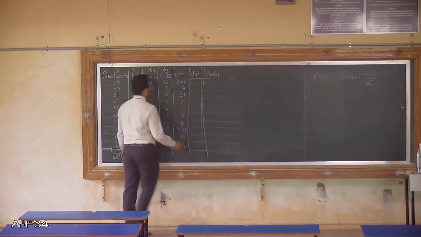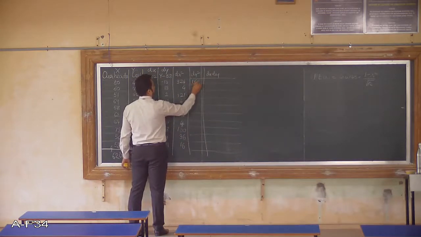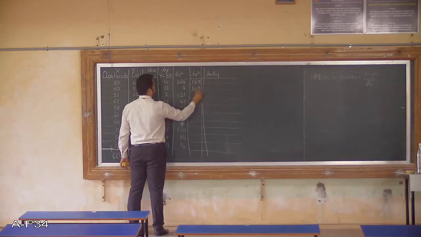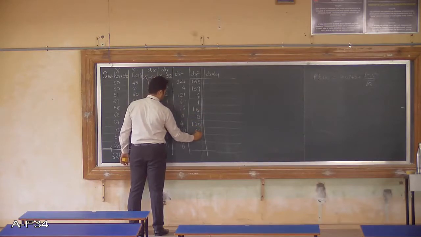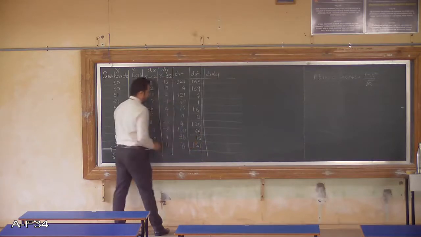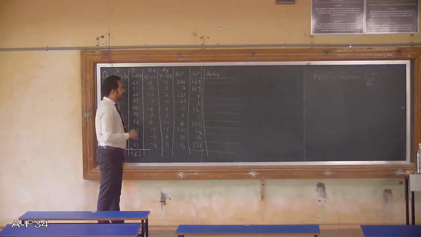So dx square is ready. dy square is also ready.